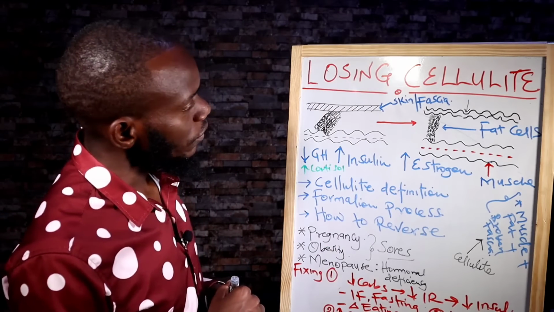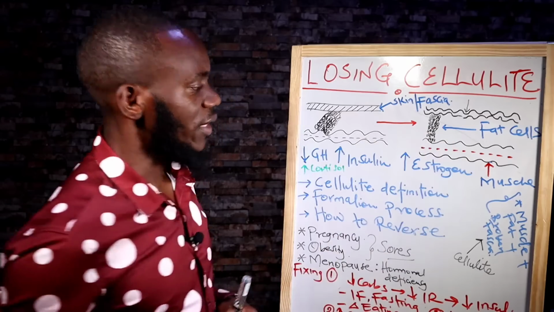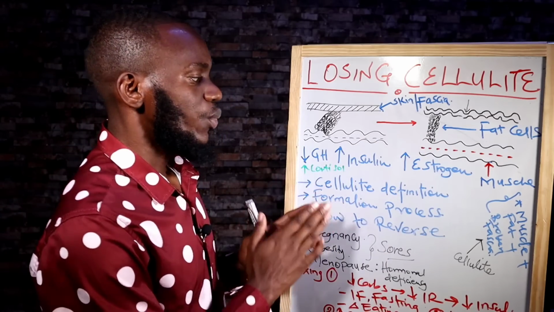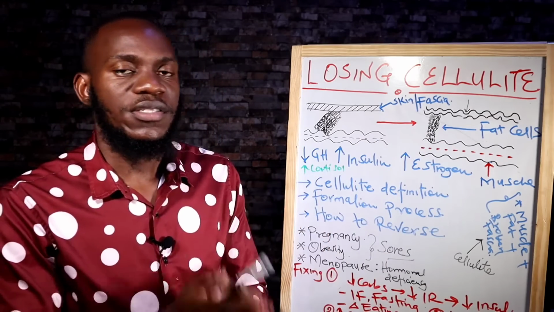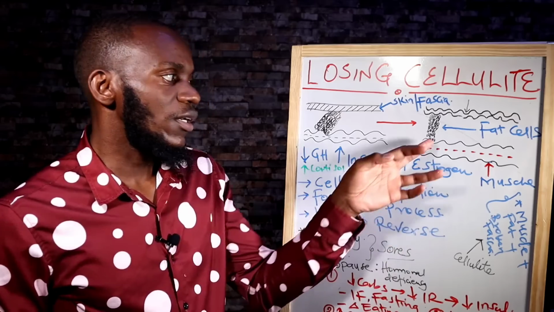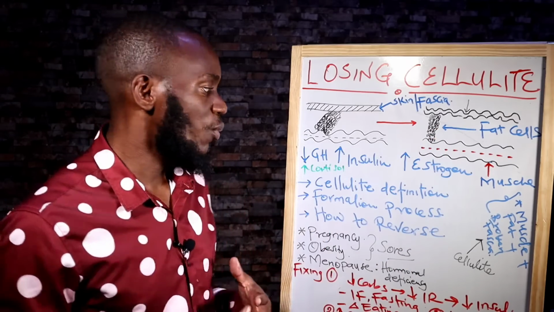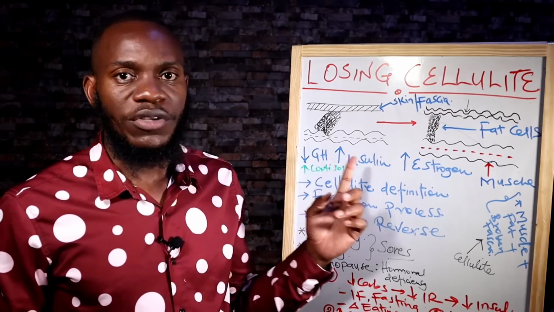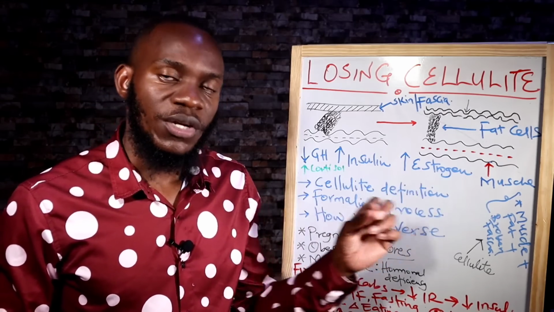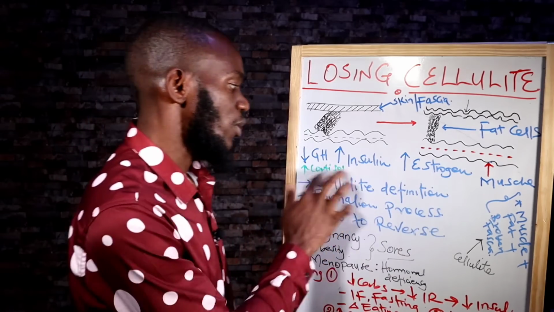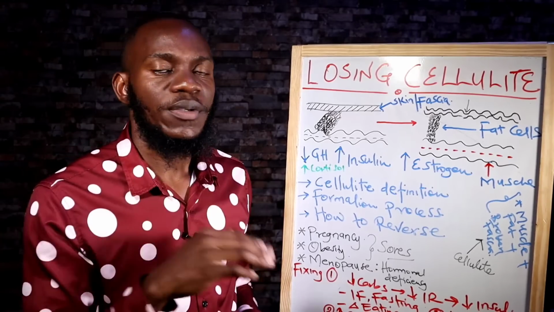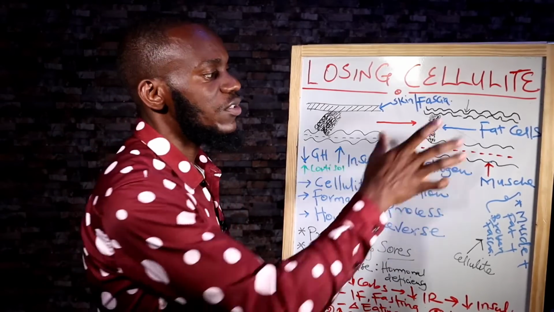Now, I want you to know that estrogen again is the mother hormone that plays this role. But here we have other hormones. We have 4 hormones: growth hormone, insulin, estrogen, and one called cortisol, the stress hormone. So these 4 hormones play a major role in the formation of this cellulite.